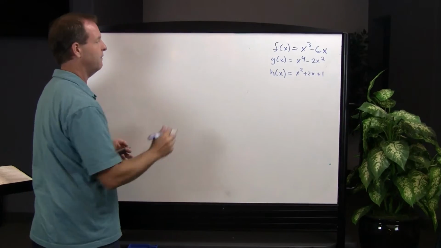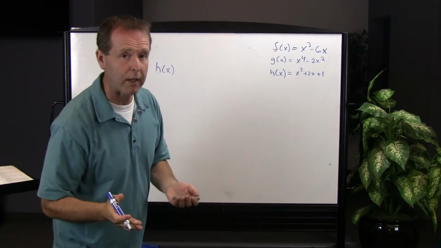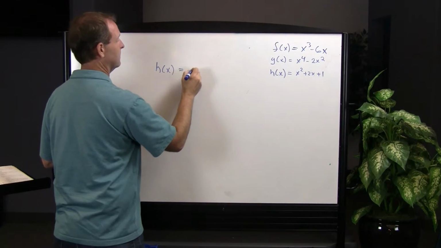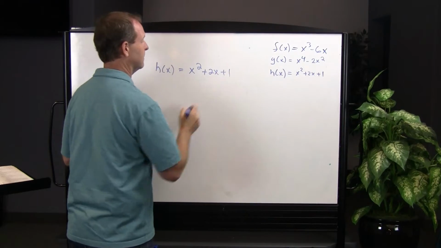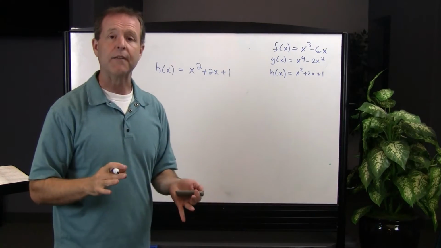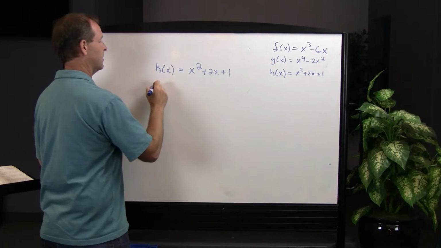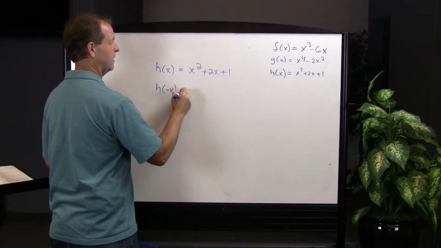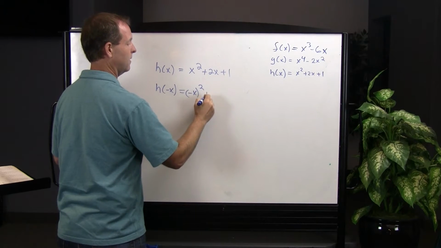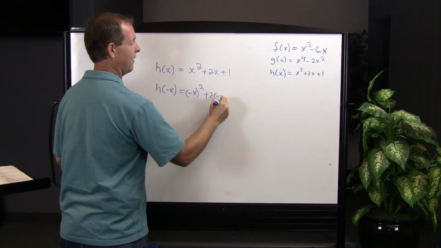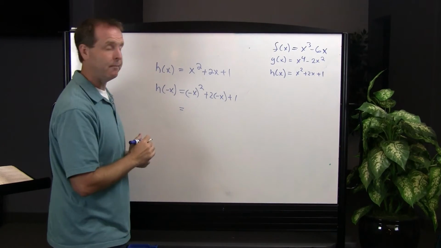Lastly, let's evaluate h of x and determine if it's odd or even. To determine that, we evaluate it at negative x rather than positive x. So h of negative x equals negative x squared plus 2 times negative x plus 1. Let's clean that up a little bit.